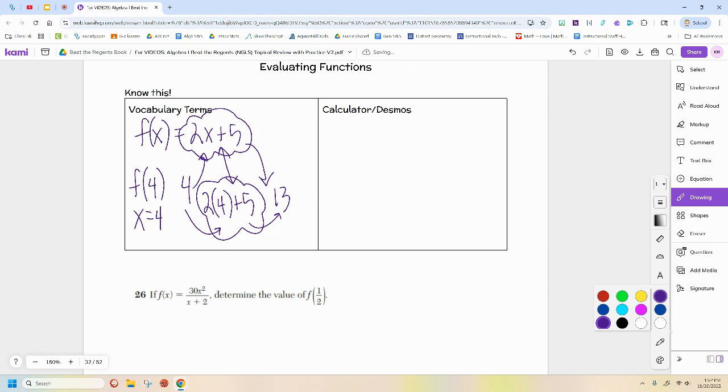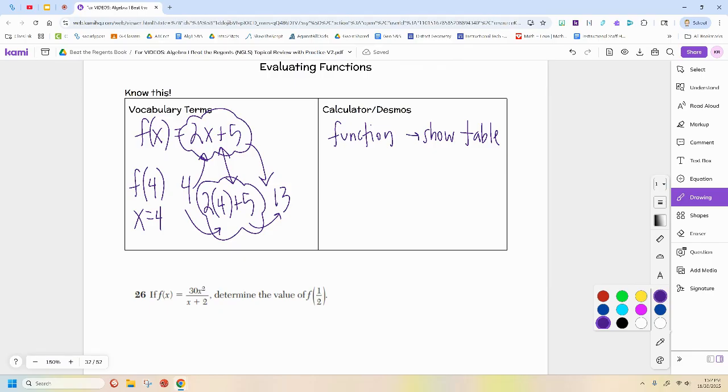That's evaluating a function. Now you can do the plug in and evaluate version, or you can put the function in Desmos and then show the table and evaluate that way.